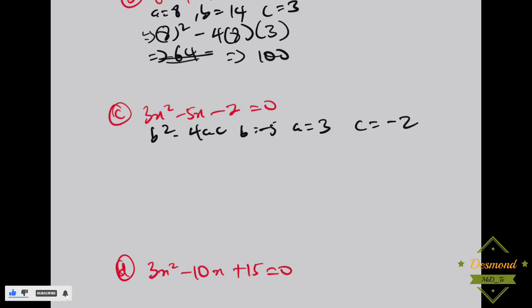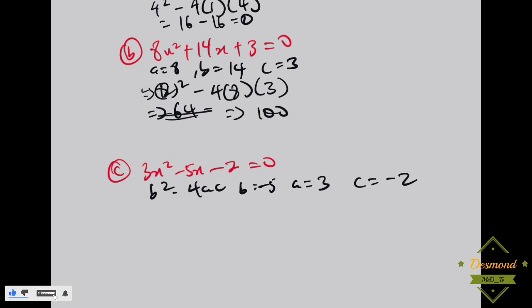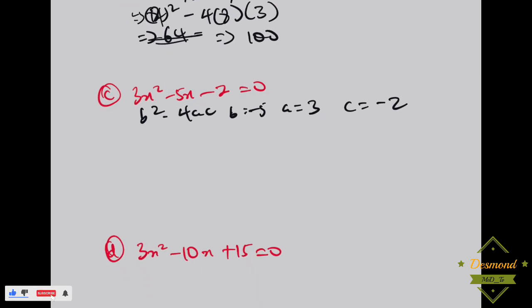So we have negative 5 squared minus 4 multiplying 3 multiplying negative 2.